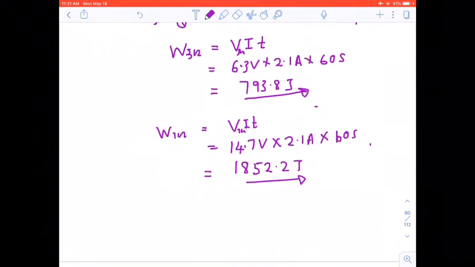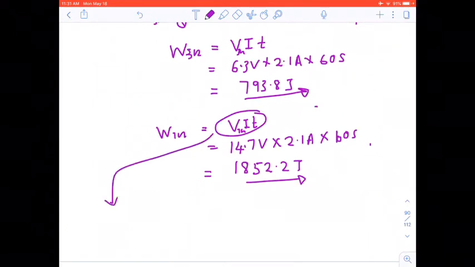Right, and the unit is joules because we know a volt is equal to a joule per coulomb, and I is a coulomb per second, times a second, which means the coulombs and seconds cancel out, and then we get joules.